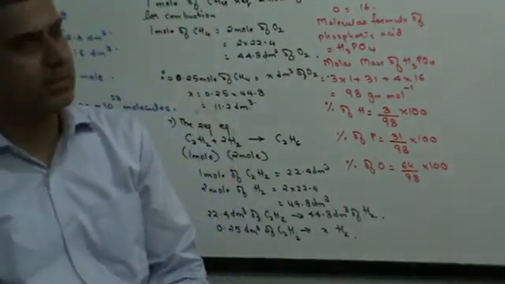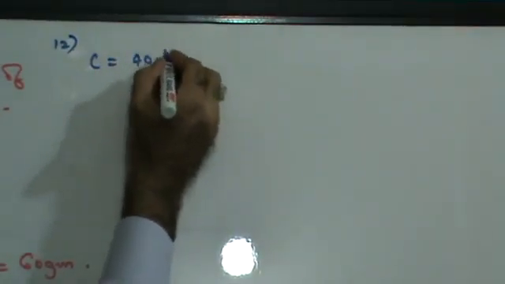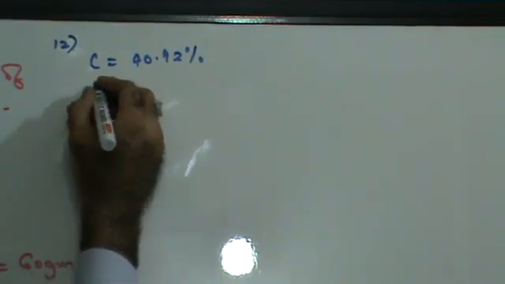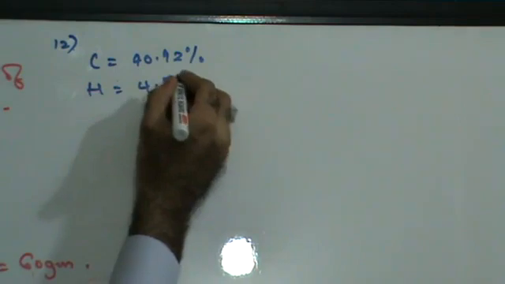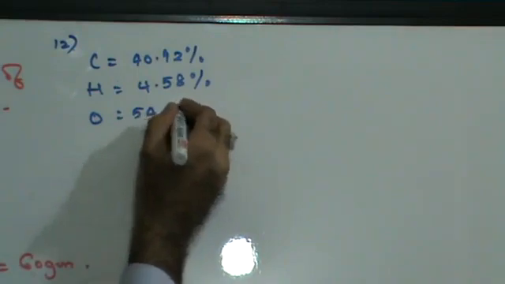Vitamin C contains 40.92% of carbon, 4.58% of hydrogen and 54.5% of oxygen.